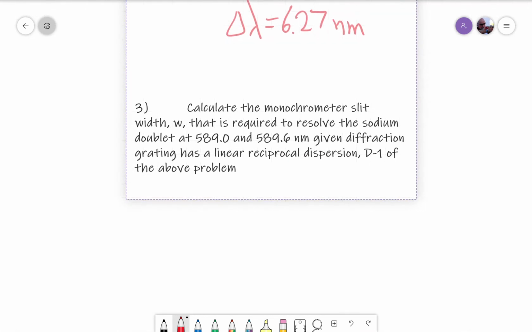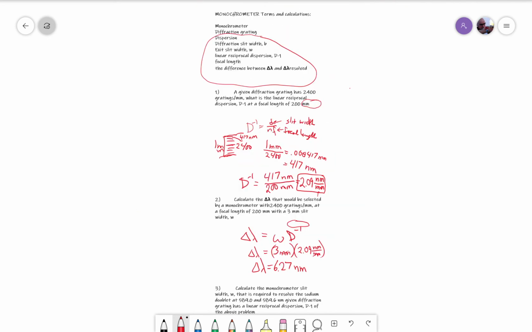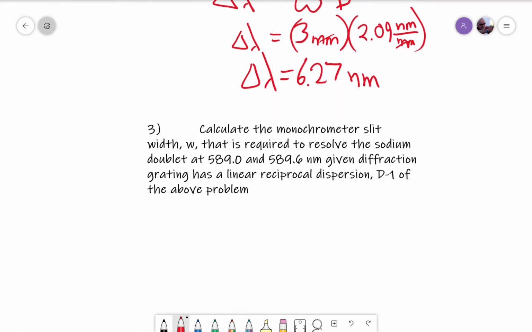Finally, calculate the slit width W that is required if we want to resolve the doublet, the two peaks that are only separated by 0.6 nanometers.